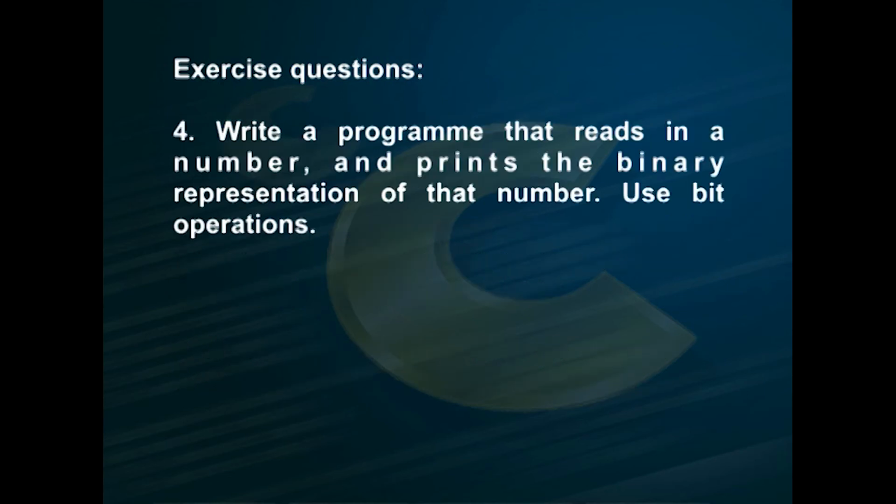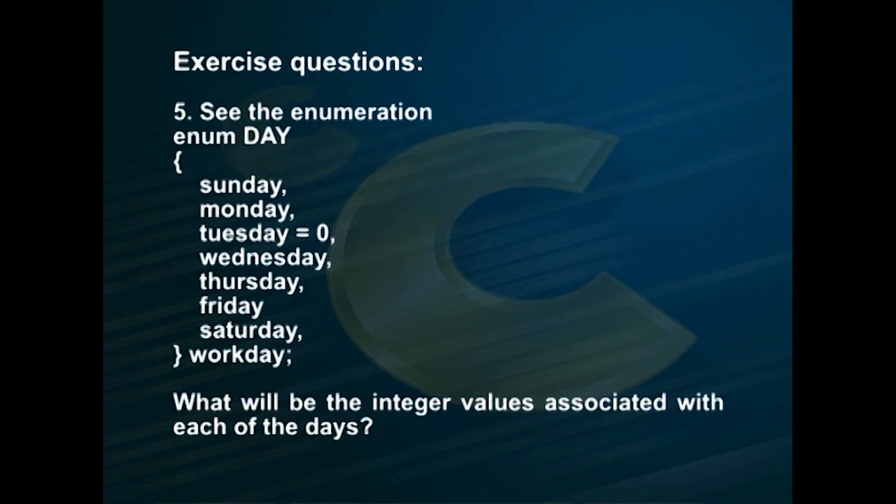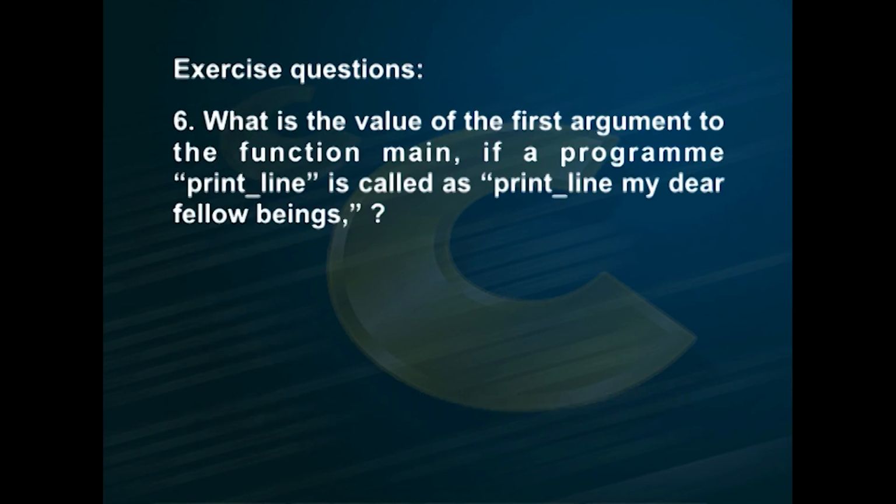4. Write a program that reads in a number and prints the binary representation of that number. Use bit operations. 5. See the enumeration enum day {Sunday, Monday, Tuesday = 0, Wednesday, Thursday, Friday, Saturday} workday. What will be the integer values associated with each of the days? 6.